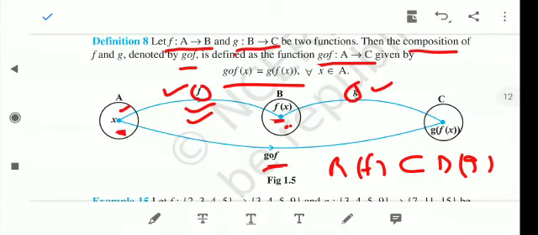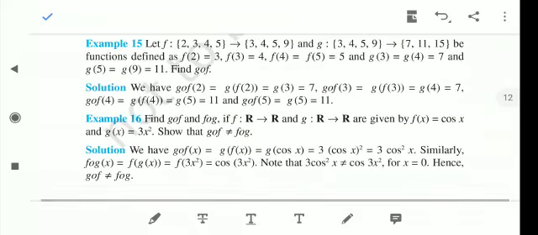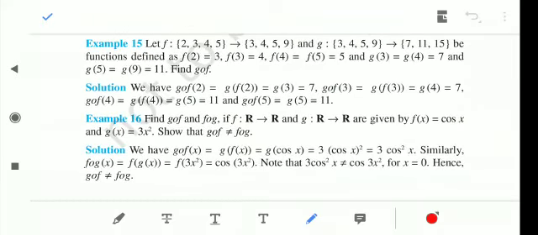Let us see this by using a certain example. Let us look at example number 15. A function f is from {2, 3, 4, 5} to {3, 4, 5, 9}. So here the domain is 2, 3, 4, 5, and the codomain is 3, 4, 5, 9.